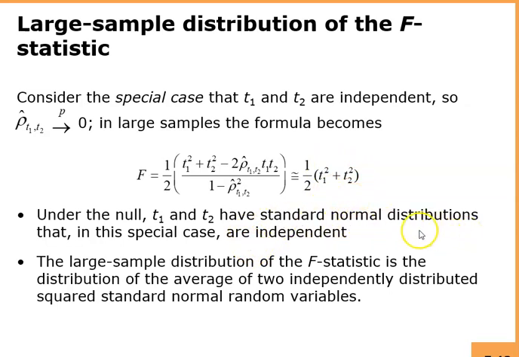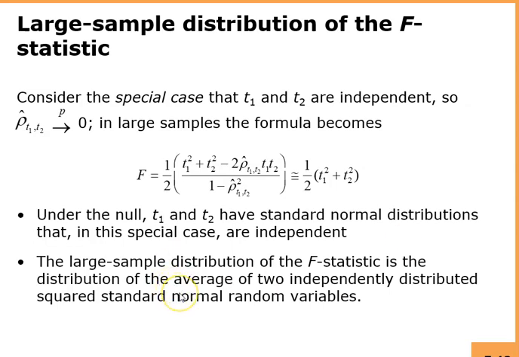We already know about that because we covered that in the previous lecture: T1 is the T-stat that you calculate for the coefficient beta 1, and T2 is the T-stat for the coefficient beta 2. Both are normally distributed.